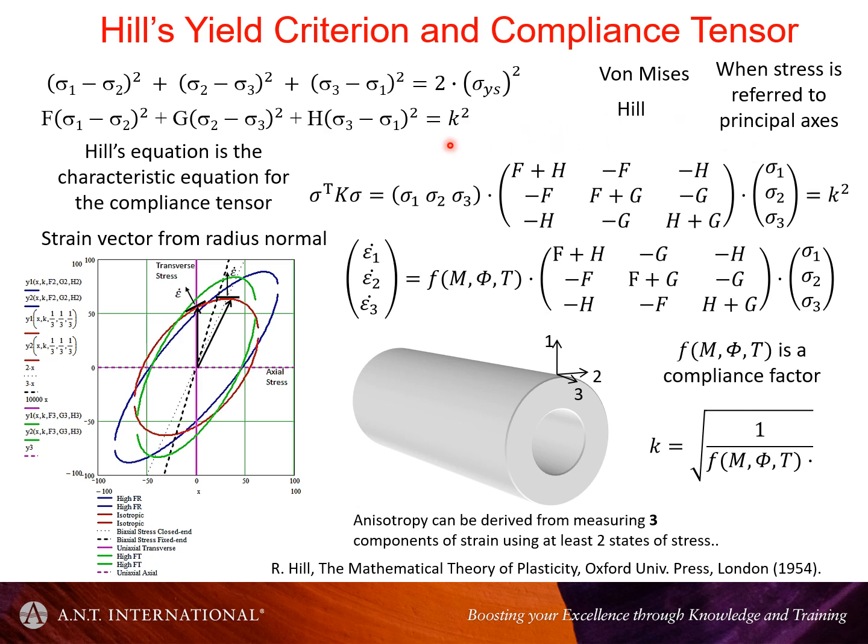So in a nutshell, in terms of Hill's condition, we have an equation which tells us the point at which we will get yielding for a given set of stresses, sigma 1, sigma 2, and sigma 3. It tells us that it will yield once these stresses are of such a magnitude that we exceed some condition. In the von Mises case, this condition would simply be the von Mises yield stress, or just simply the yield stress for an isotropic material.